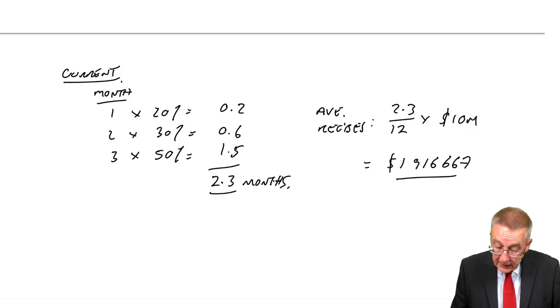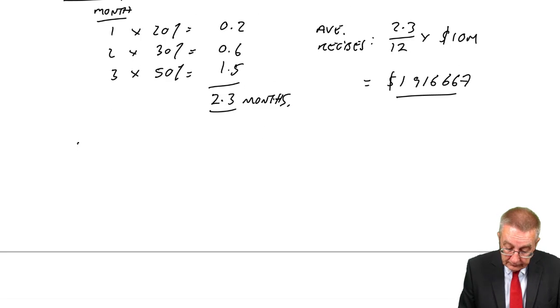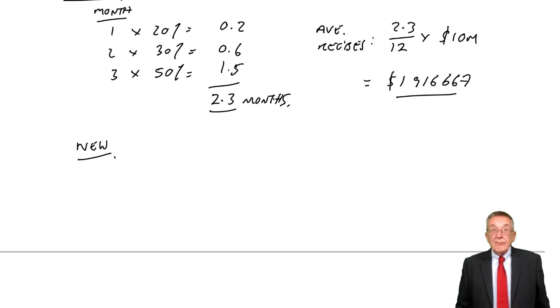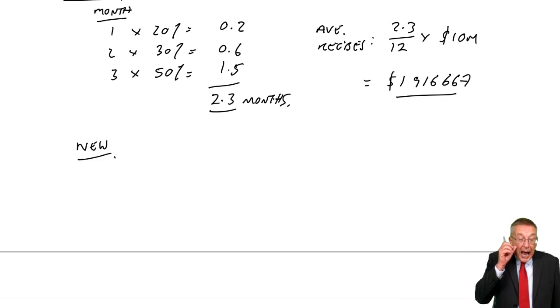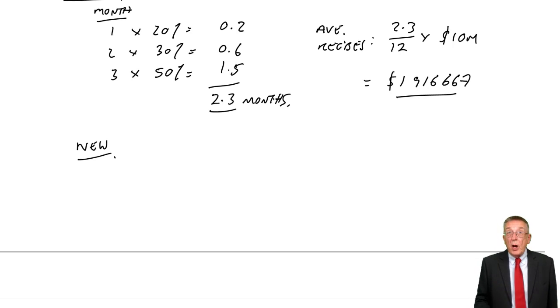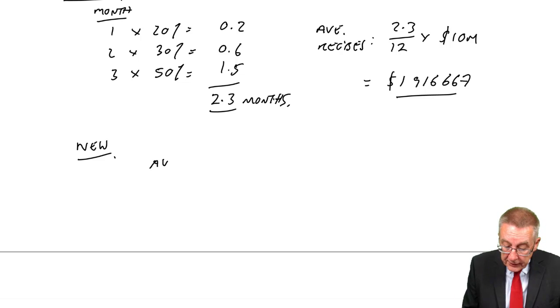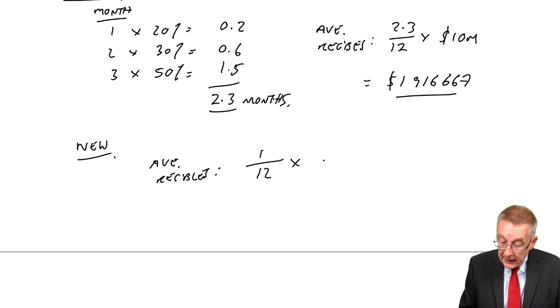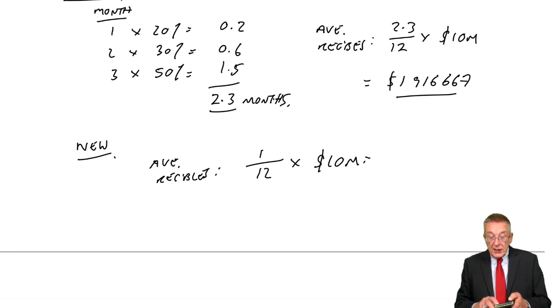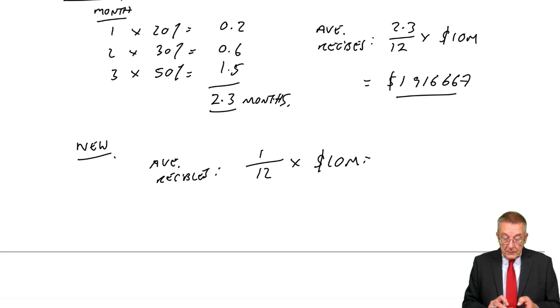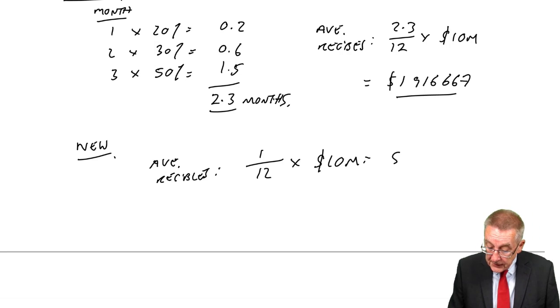What are the new average receivables going to be? Well, as I've said twice, I think, because the factor pays us 100% after 1 month, the factor effectively is a receivable, and the new average receivables, 1 month collection period, 12 months in a year, no mention of the total sales changing, so still 10 million, which gives me average receivables of 833,333.